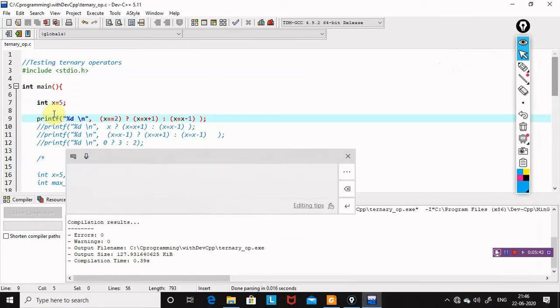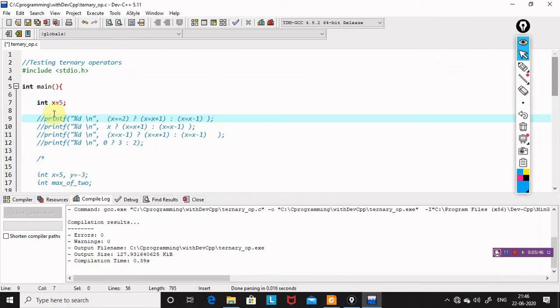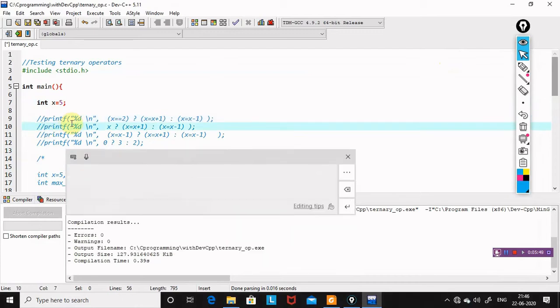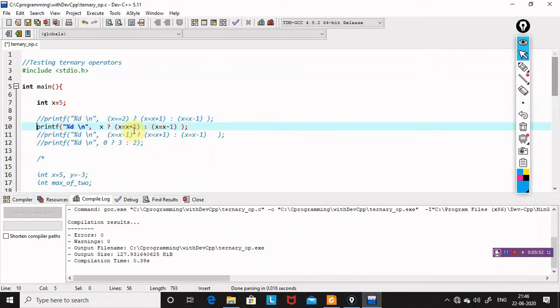Now there are different finer points that we can understand by taking a few more examples of ternary operations. Now in the next example, instead of using an expression for the test condition, I've just written x. Now what does simply writing x signify? The value of x is 5. This value is non-zero. A non-zero value of x symbolizes that the Boolean value is basically true.